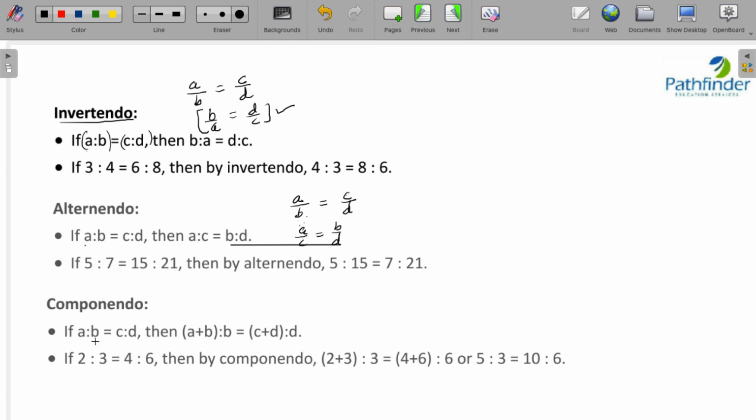Then we have componendo. A is to B is equal to C is to D. So A upon B is equal to C upon D. तो कॉम्पोनेंडो का मतलब क्या होता है कि इसमें सिर्फ वन ऐड कर दो दोनों तरफ. मतलब A upon B plus 1 is equal to C upon D plus 1. तो इससे क्या होगा?